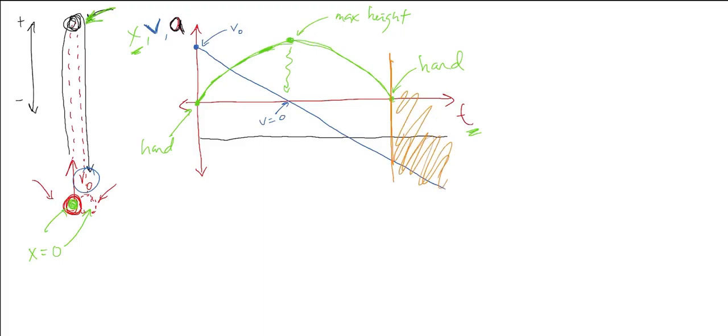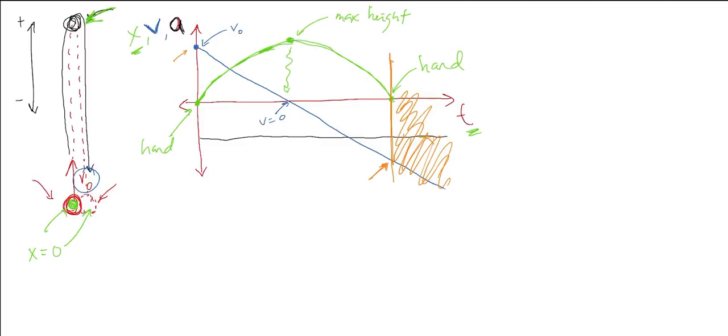Now, why? Well, if acceleration is constant, and if you're leaving from and coming back to the same position, then the initial velocity upwards that you leave the hand with should be exactly the same magnitude of velocity that you return to the hand with, albeit going in the opposite direction, at the final state.